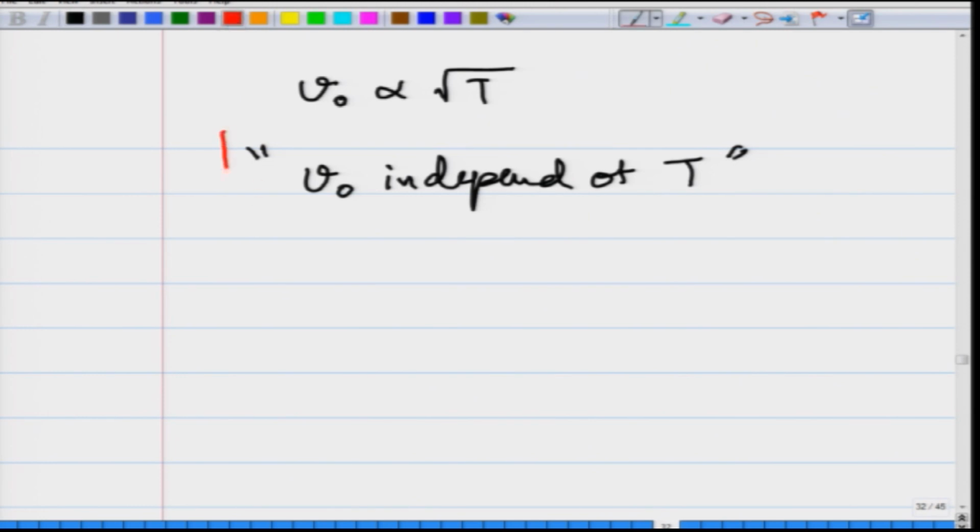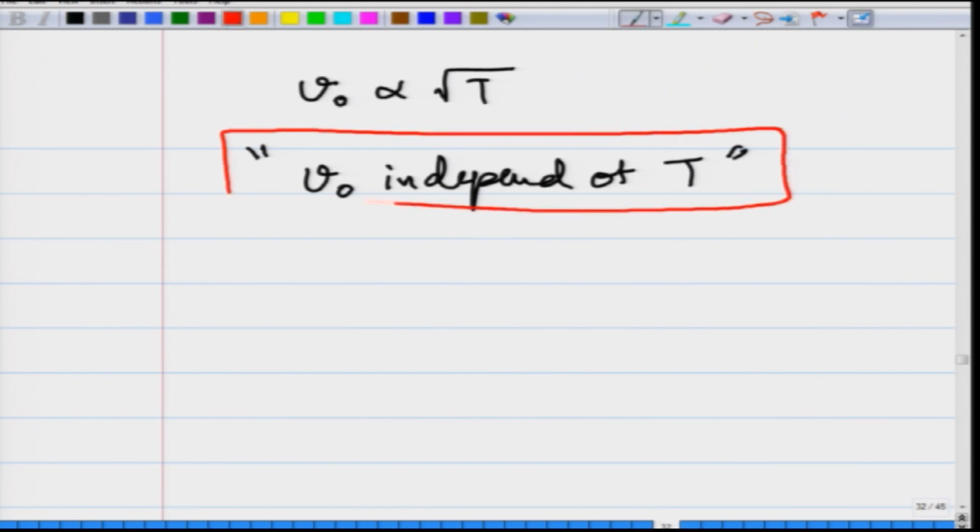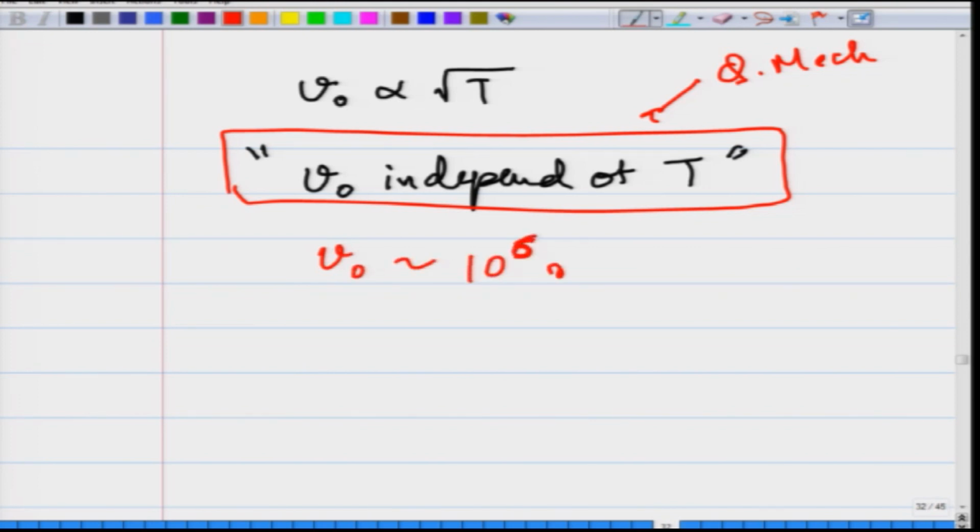It is completely independent of temperature. Apart from that, if you do the calculations using quantum mechanics, then we will show that the velocity turns out to be 10 raised to 6 meters per second.